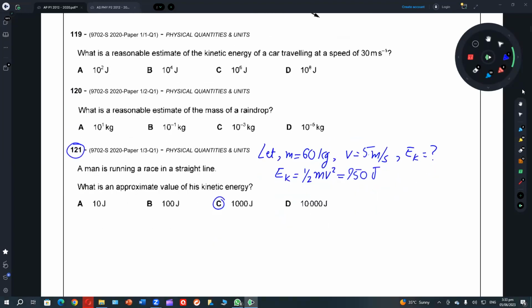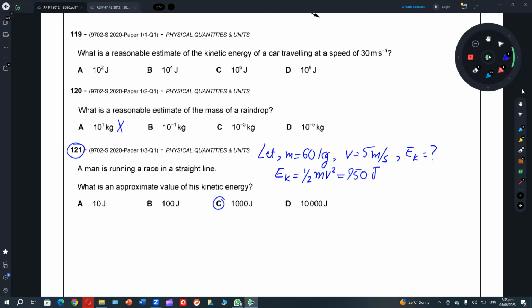What is a reasonable estimate of the mass of a raindrop? Now this is a very tricky question, because how can you guess the mass? A raindrop is very, very light. 10 kg is logically not possible.